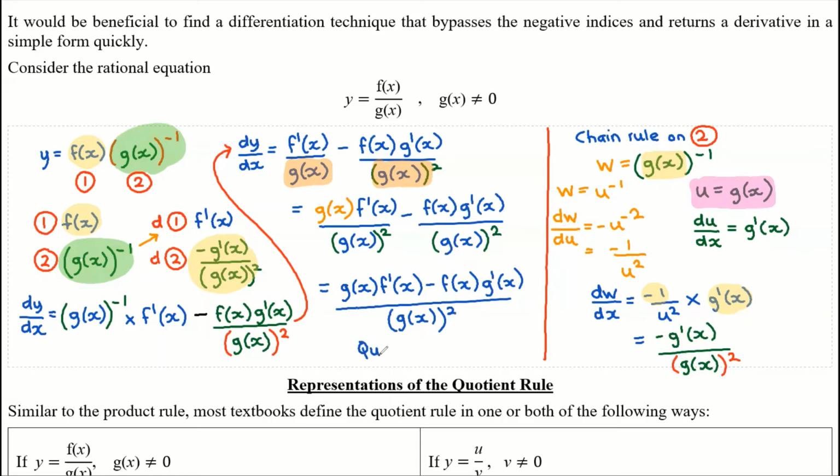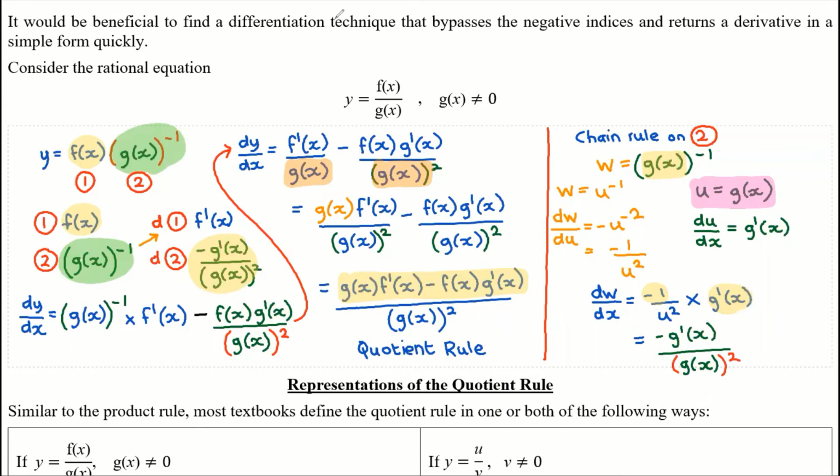We'll look at different representations of it, but you may have noticed, if you look at the numerator, what's really nice about it is this. I'm just going to highlight it. If you look at the numerator and think about our labeling, let's suppose we go back to the start and we have some rational function f of x over g of x.